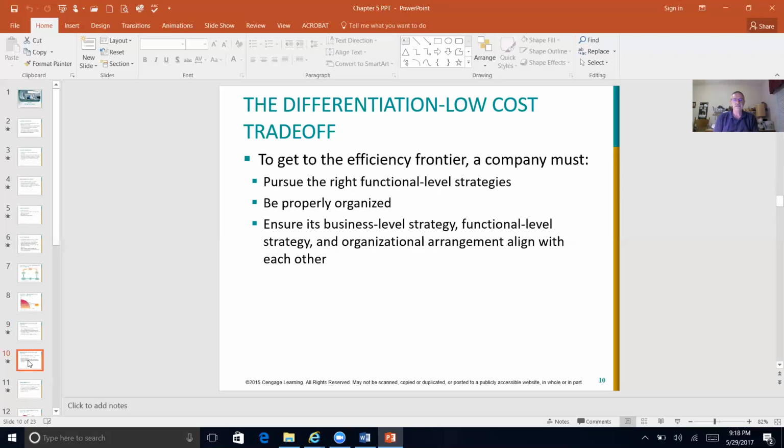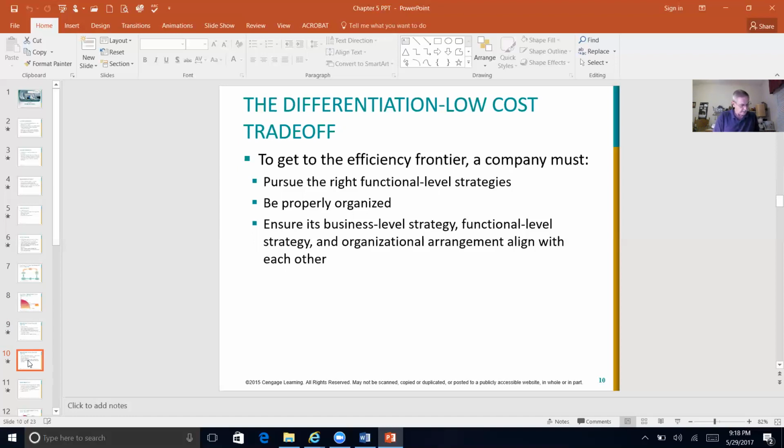So to get to this efficiency frontier, this is what a lot of companies must do. They have to pursue the right functional level strategy. They've got to be properly organized. They've got to ensure that business level strategy, functional strategy, and organizational strategy are all in alignment.